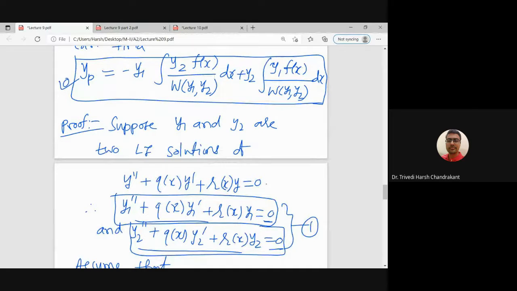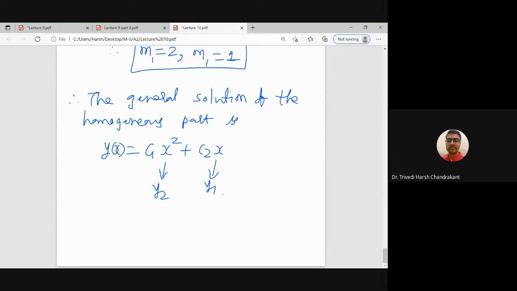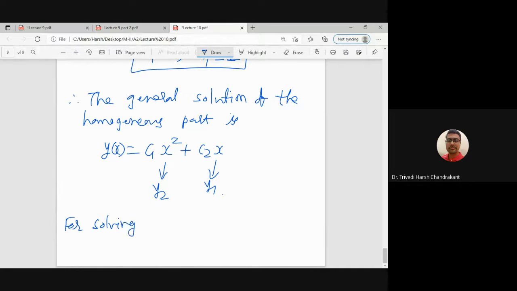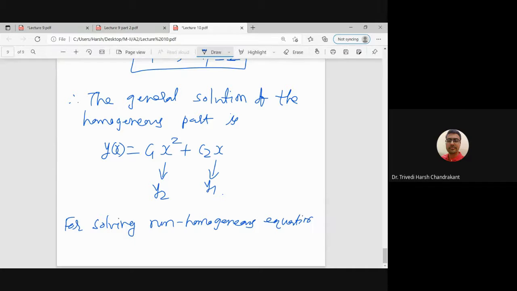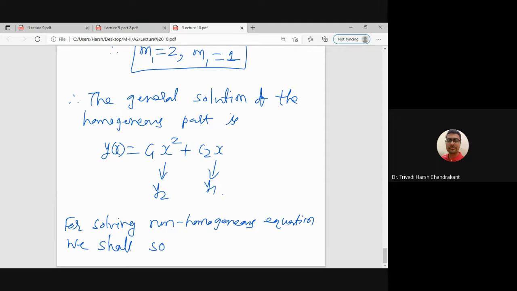So for solving the non-homogeneous equation, we shall consider y double dash minus 2y dash by x plus 2 by x square y equals x.